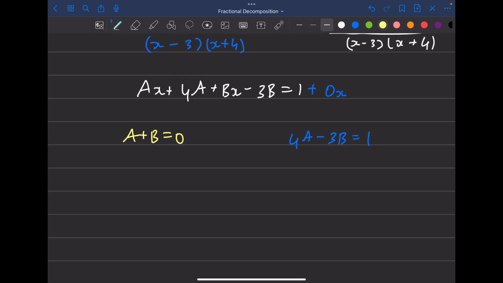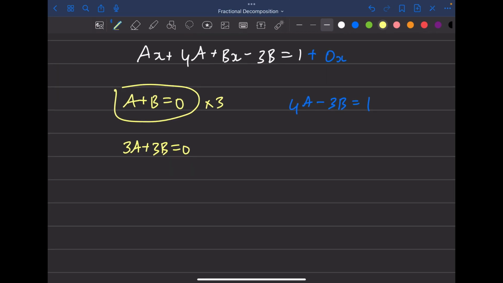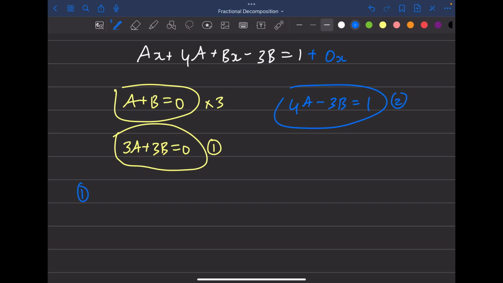Now what we can do is multiply this equation by 3. We would have 3a plus 3b equals 0. Once again, all I'm doing here is solving a set of equations. So now let's call this equation 1, and let's call this equation 2. And now let's add 1 plus 2 together, add both equations together.